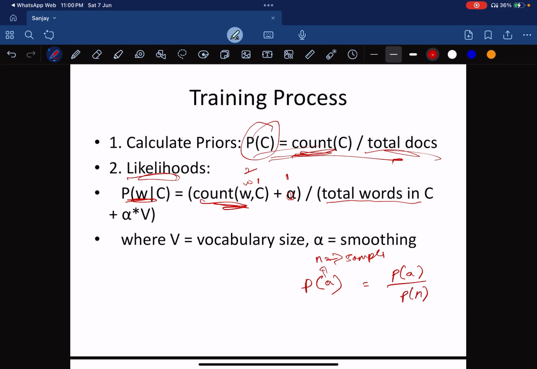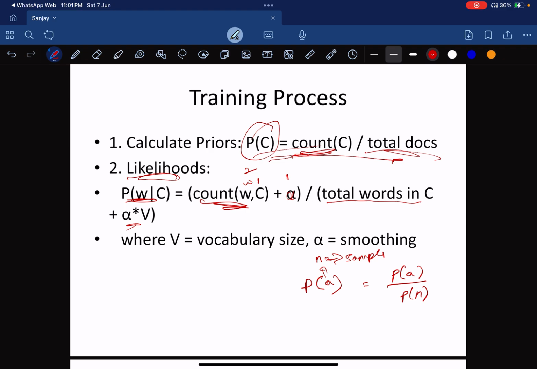This is the simple basic formula for finding probability. Here it is the same case, but in the numerator we add alpha, and in the denominator we add alpha times the vocabulary. I will tell you what that is later.